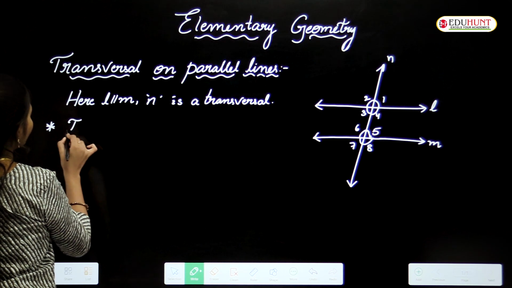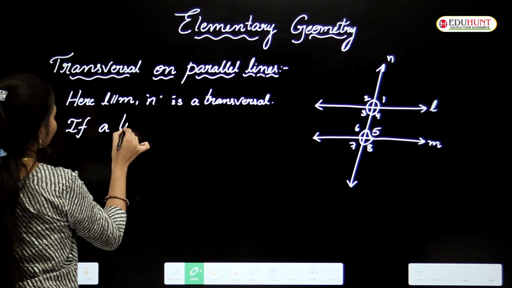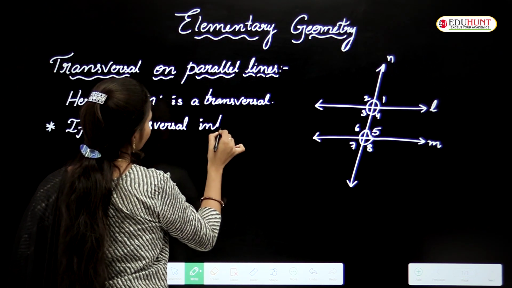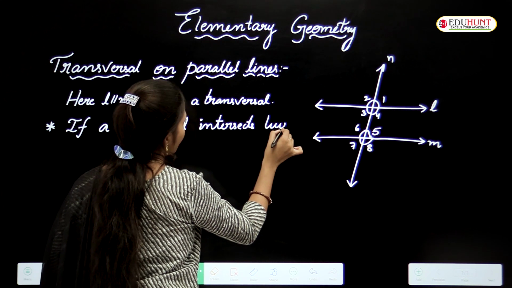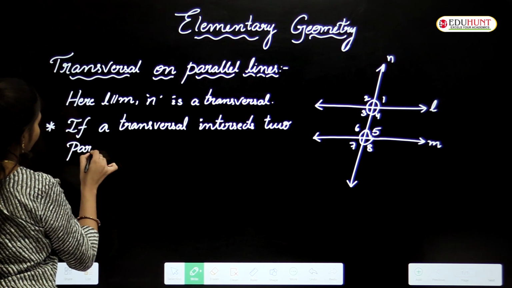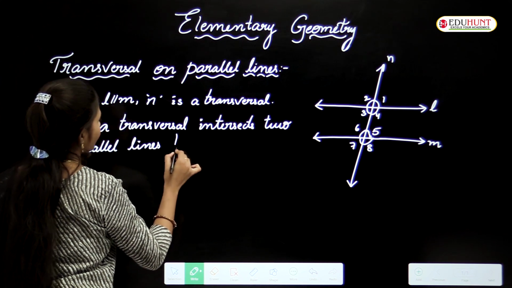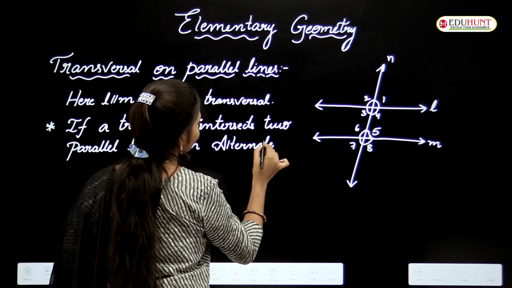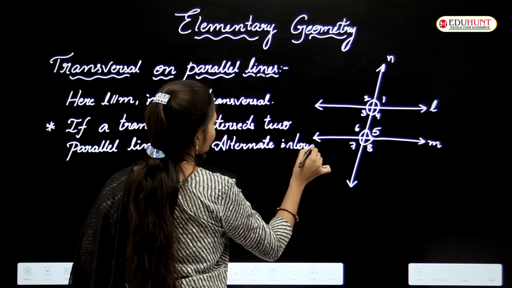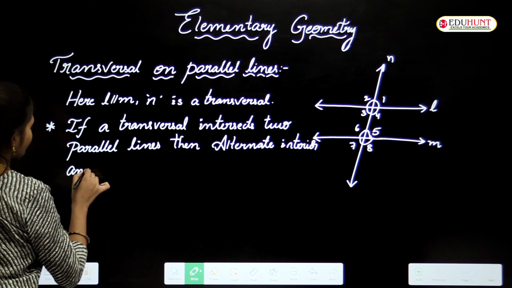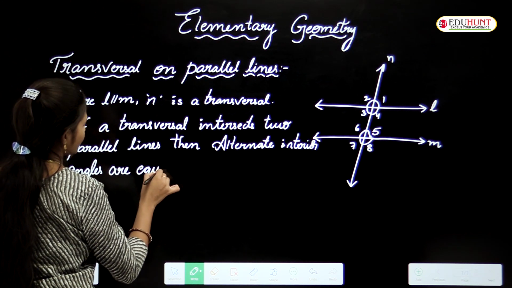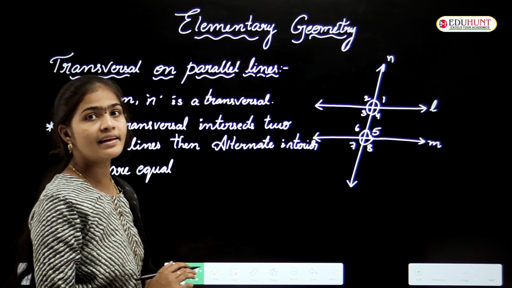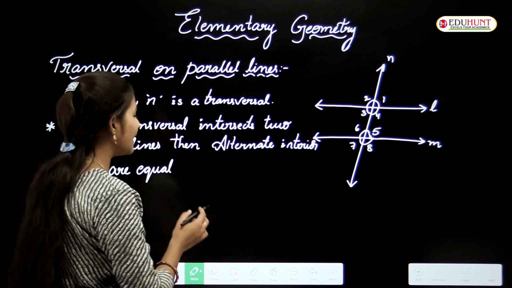So the first point is, if a transversal intersects two parallel lines, then alternate interior angles are equal.